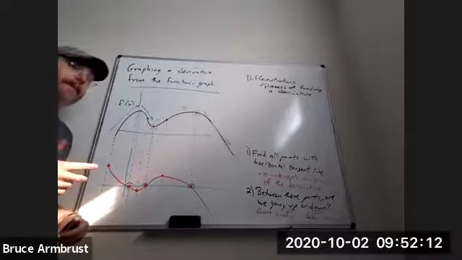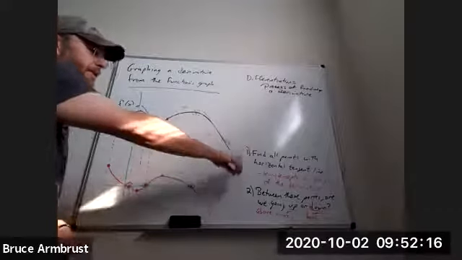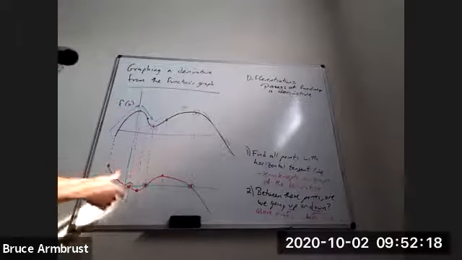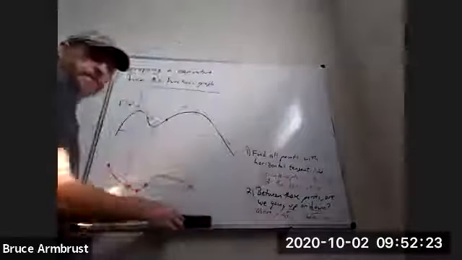Okay, and then the last thing I do, and I apologize, I should have started this a little bit higher so I could have written the number 3. But the third thing that I look at, I'll run it up here.